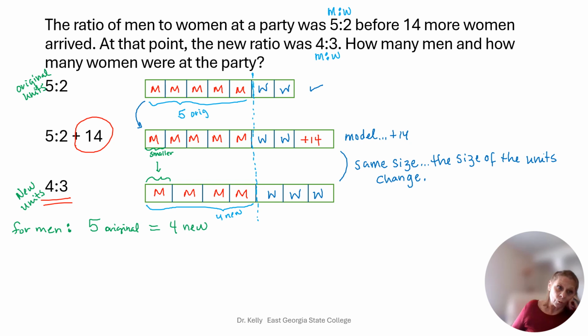So what is it for the women? It's 2 originals plus 14. Sorry, let me write it correctly: 2 originals plus 14 is equal to, and what was that equal to?